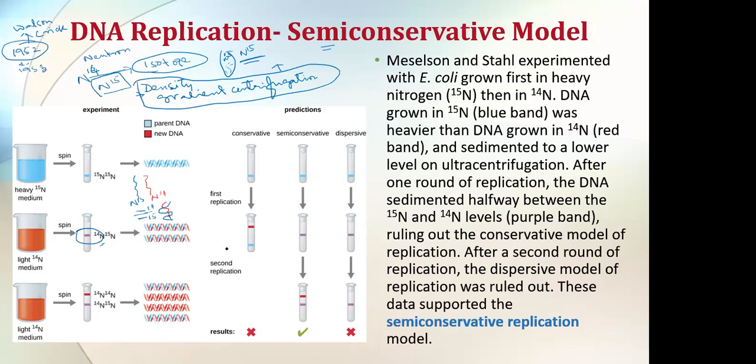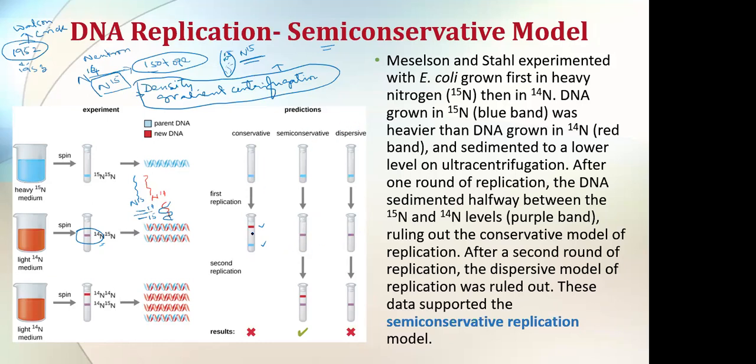If it were conservative, we would have found two bands after centrifugation. But we just saw that there is only one band, in between N14 and N15. So that reflects that the replication process is either semi-conservative or dispersive.